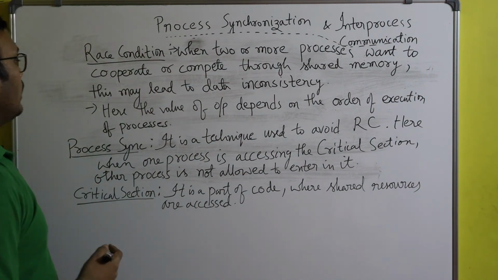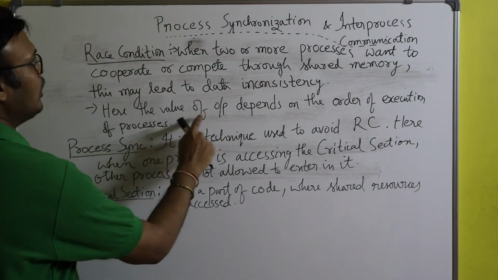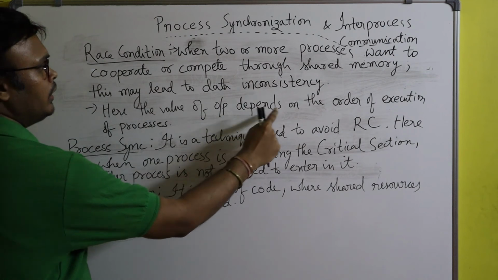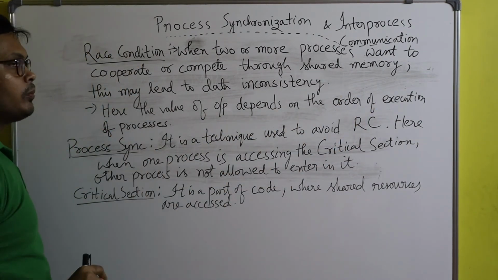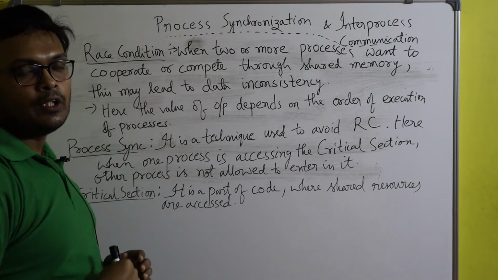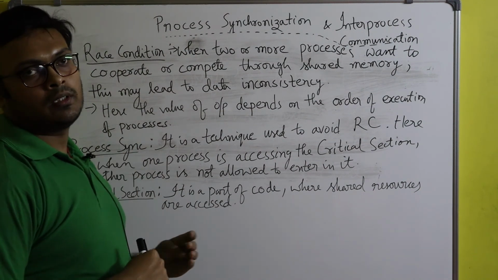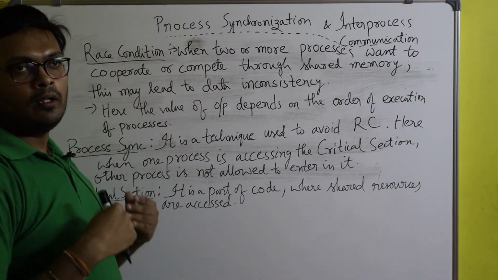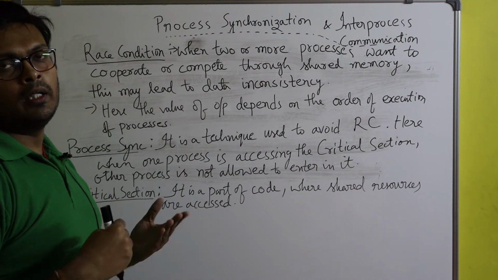The value of output depends on the order of execution of the processes. I have already given you the example of how the order of execution affects the output. You will get different values in the result.